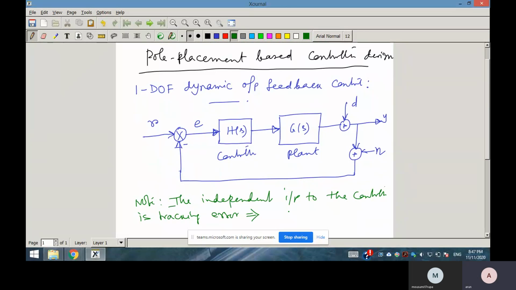This implies one independent input, which implies 1 degree of freedom control. So in case of 1 degree of freedom control, the tracking error is the only input.